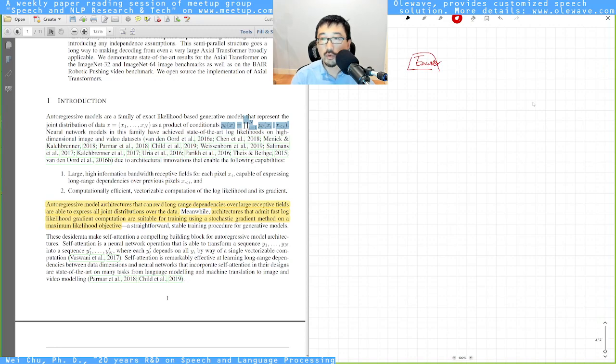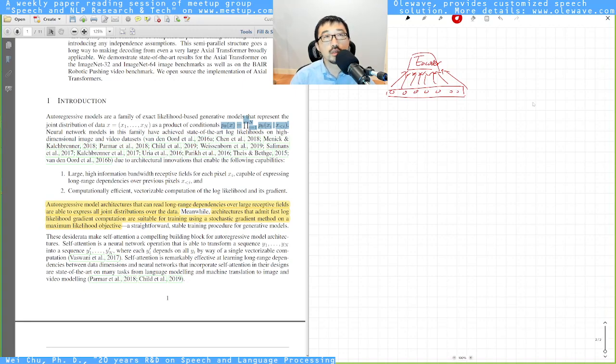They call it receptive field, but sometimes people call that input length. It tries to take in all the inputs to the encoder.